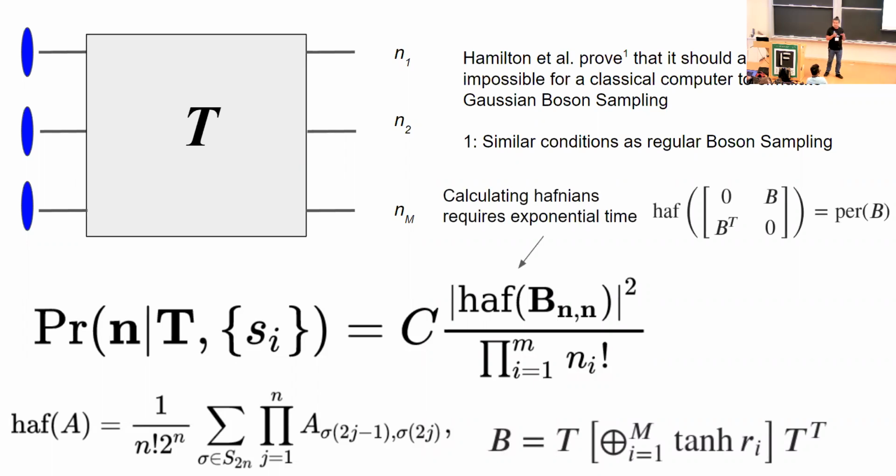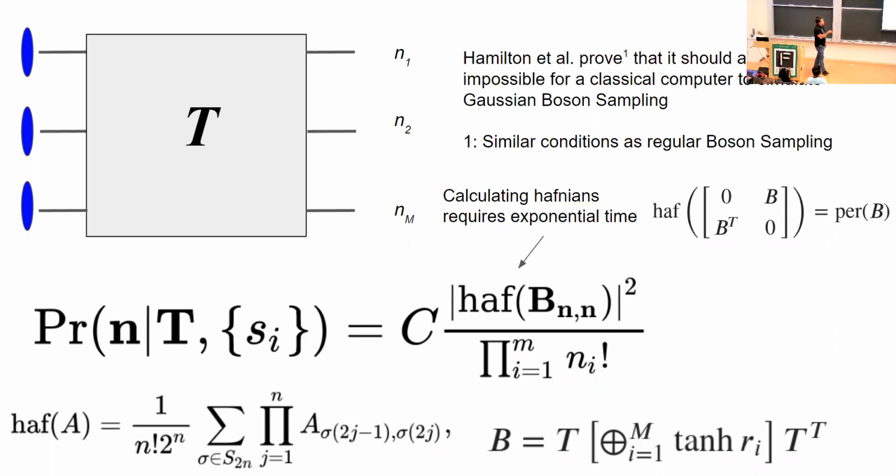So if you have some magic box that calculates Hafnians, you can also use it to calculate permanents. And since permanents are hard to calculate, then we also expect that these Hafnians are, at least in worst-case instances, as hard to calculate as these permanents. And then the matrix that you put inside this Hafnian contains information both about the interferometer and about the amount of squeezing that you send. So this R parameterizes how much you squeeze the vacuum fluctuations, and this T describes the transformation that these modes had in the interferometer.